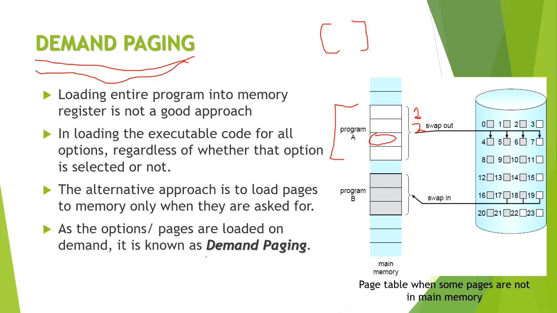For the time being, let's stick with demand paging. In demand paging, if program A demands some data from the backing store, then for that instant it has to swap out some process or some data to the backing store and swap in some data into the physical memory.